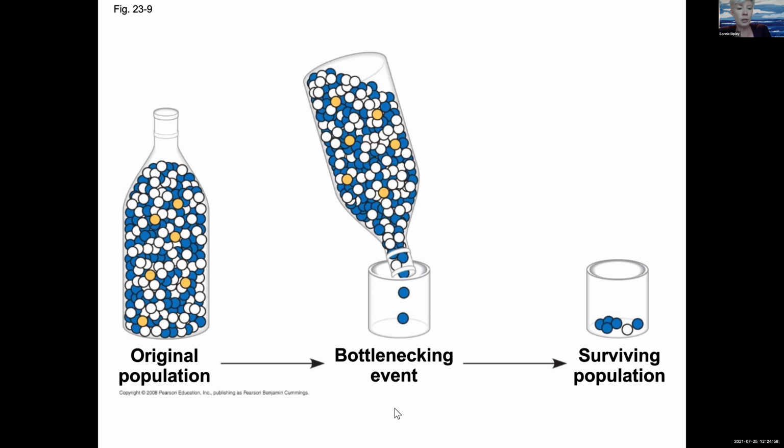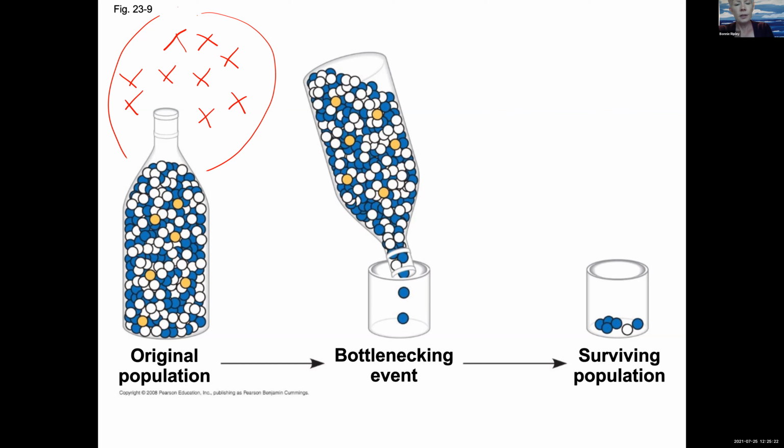But I'm going to draw this on the board. If we start out with a geographic area that's large and has a lot of individuals in it, I'm trying to draw some individuals here. Lots of individuals. There we go. My large population with lots of individuals.